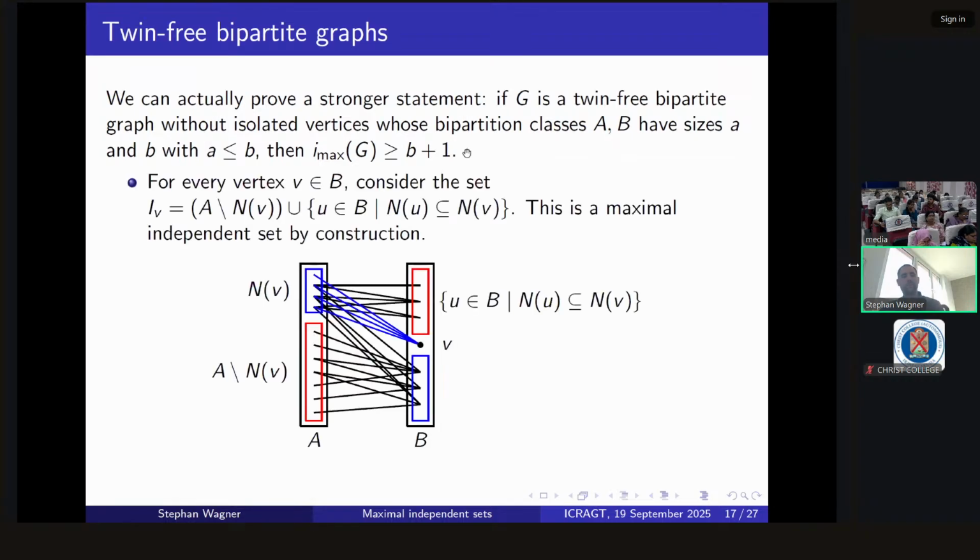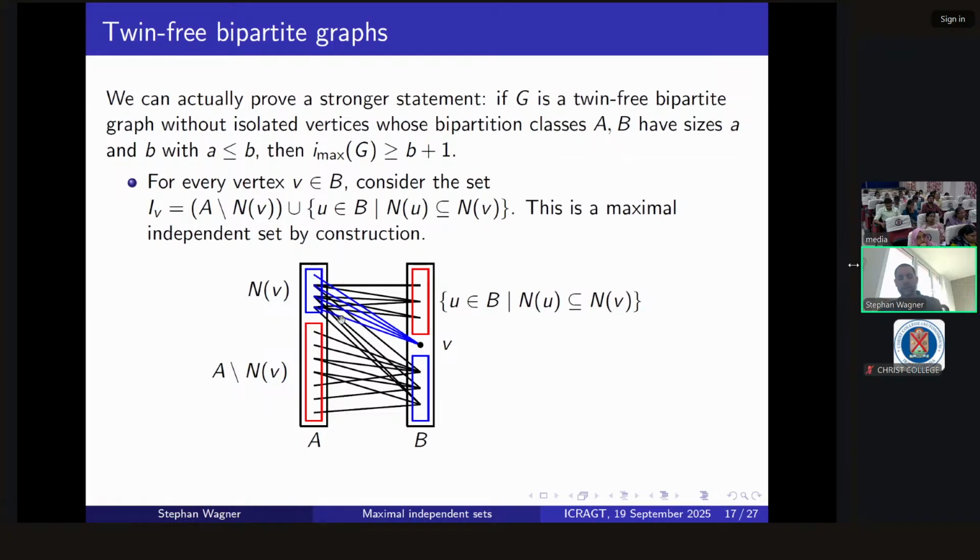Why is that? Well, for every vertex on the larger side of the graph, I can take the set consisting of everything that's not a neighbor of V on the left, and every vertex whose neighborhood is a subset of the neighborhood of V on the right. This is illustrated here. So I fix a vertex here on the right in B. That's the neighborhood.